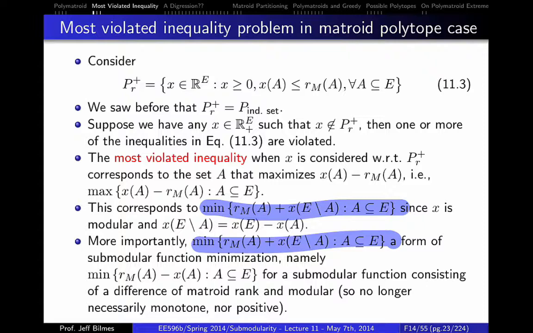Now, in general, if you've got a set of, especially an exponential set of inequalities, testing membership in a polytope is a hard problem. But what this is saying is that if we can solve submodular function minimization, then for this particular class of polytopes, the polymatroidal polytopes, there's a polynomial time solution for membership testing. Because basically, we pick a particular x and see whether it's in the polytope.